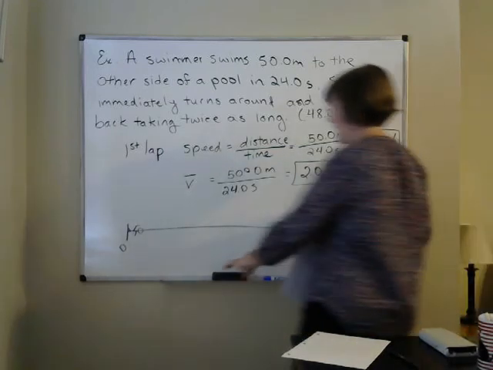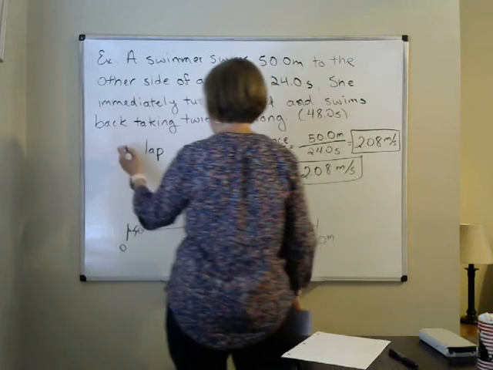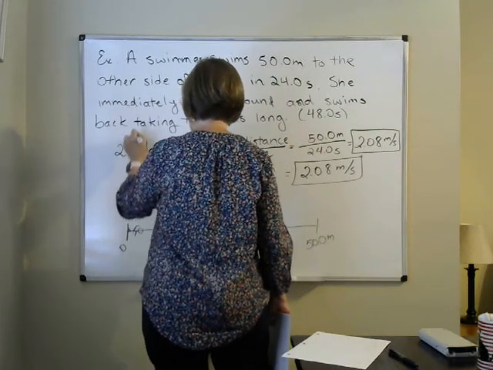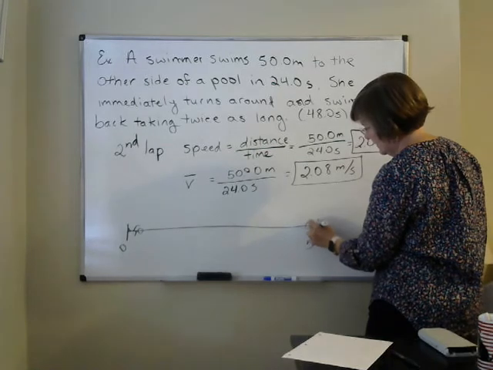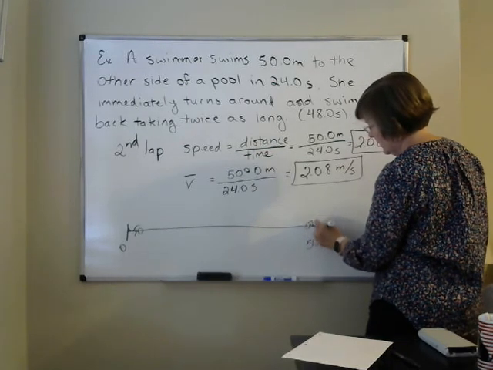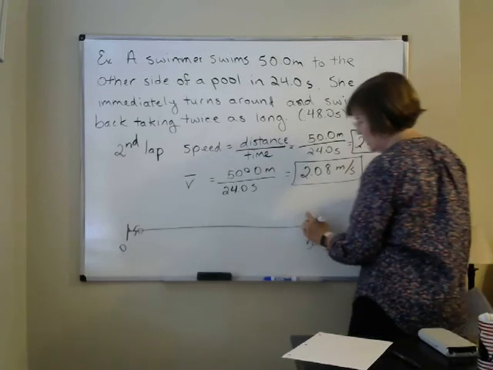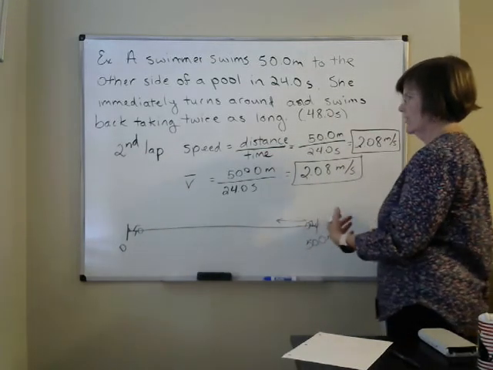Let's look at the second lap. For the second lap, she has to turn around. She's down at this end. And now she's going to swim back the other way. There she is swimming away. She's now traveling not in the positive direction, but in the negative direction.